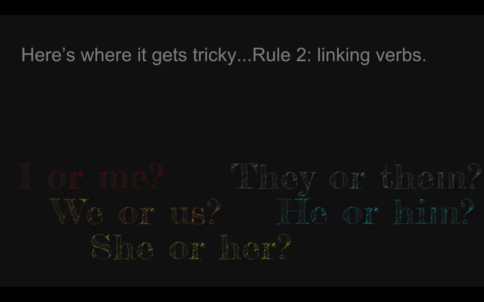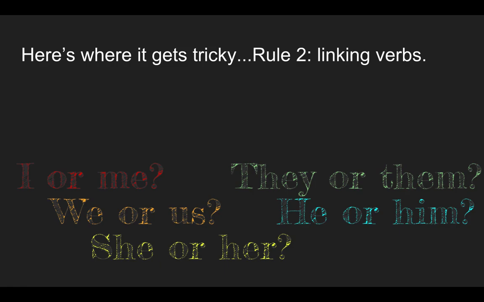Here's our second tricky rule. When the sentence has a linking verb. Remember, linking verbs don't have objects. They can have predicate nouns or they can have predicate adjectives, but they don't have a direct object because the subject of the sentence is linked with that noun or that adjective that goes with it.